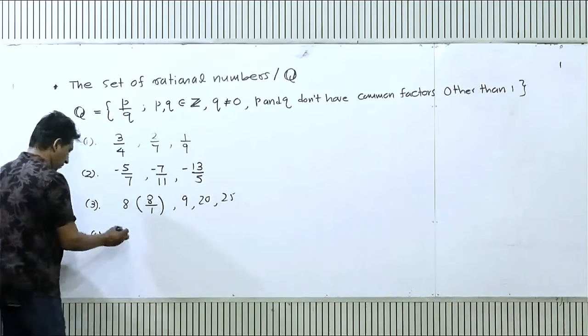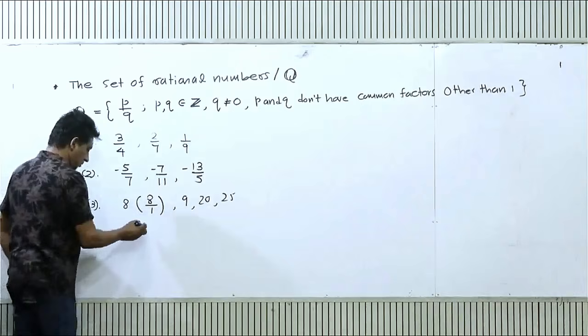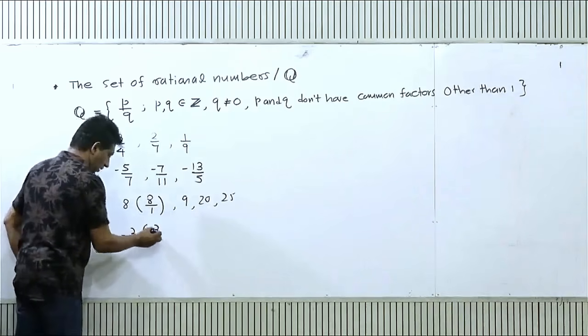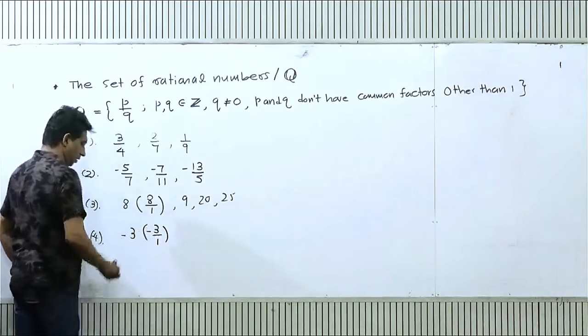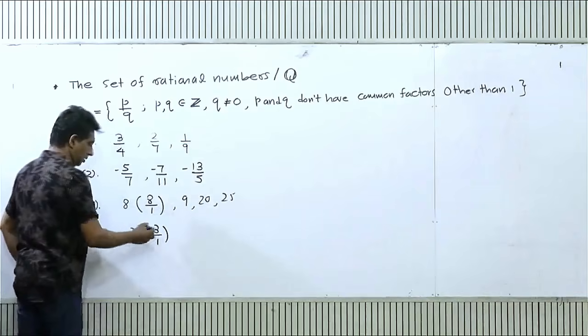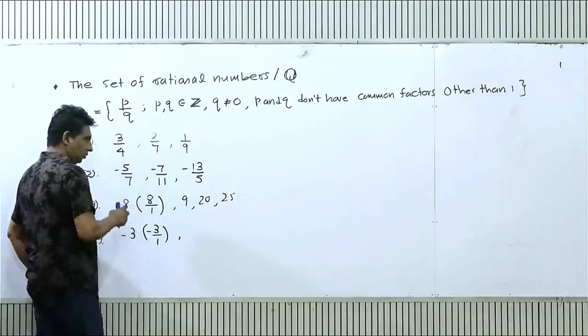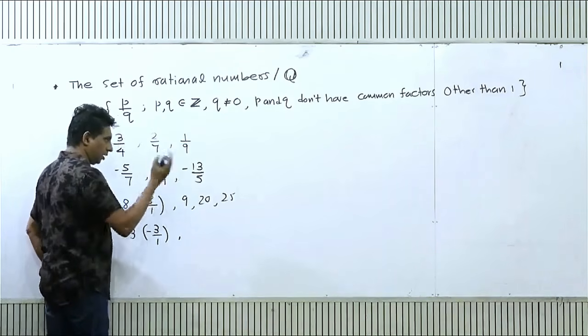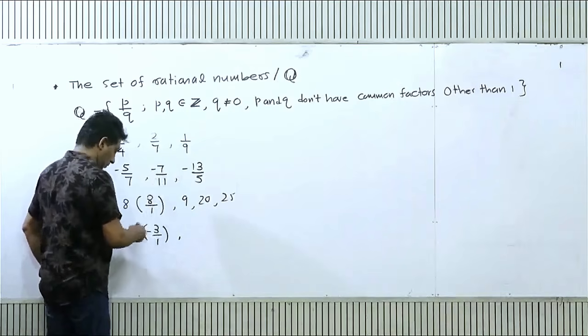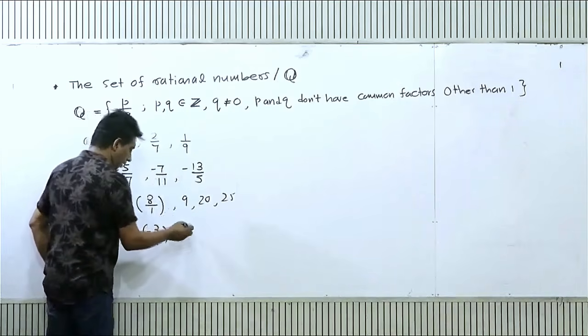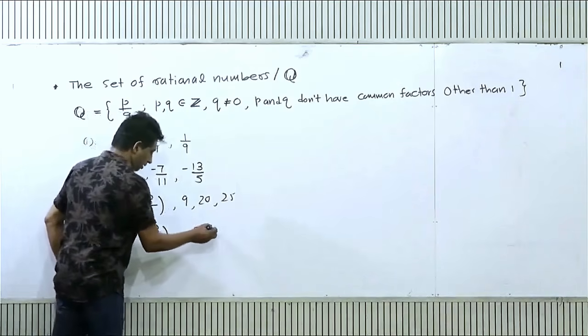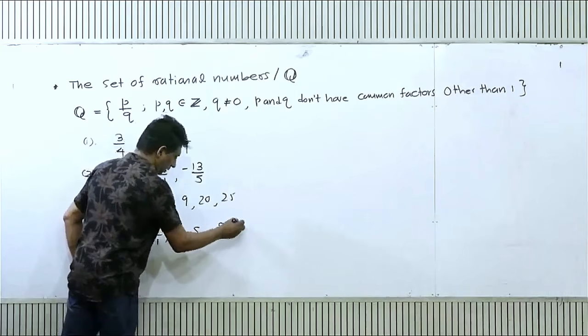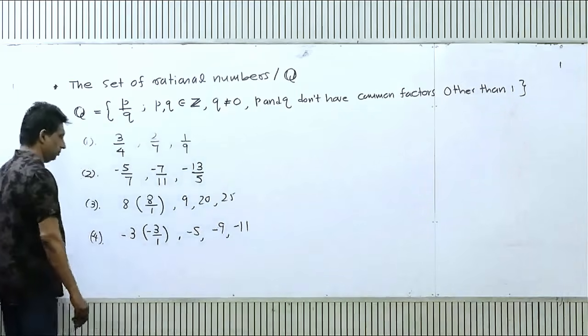Then in the same way, we can take minus 3. We can write it as minus 3 over 1. That means minus 3 is a rational number. Then by this example, we can get an idea, not only minus 3, every negative integer is a rational number.